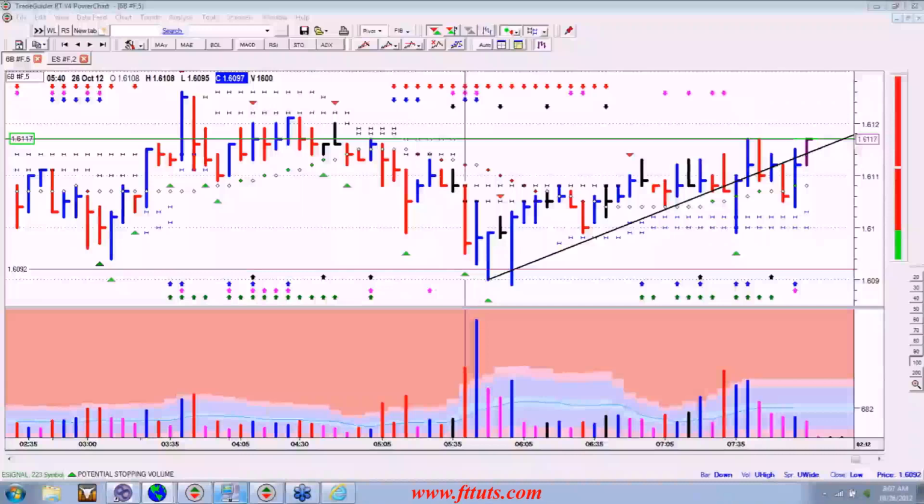You can see that on this monthly chart, we ran up. If you look at this high here, that corresponds with this. This high corresponds with this high, and this high with this.